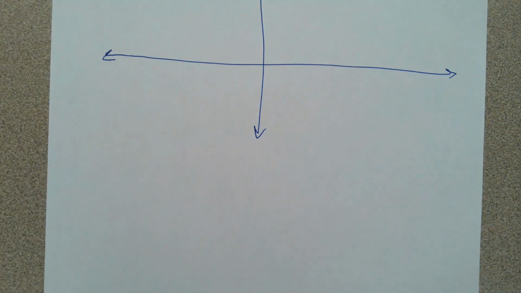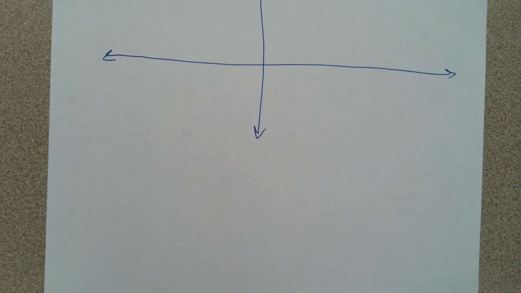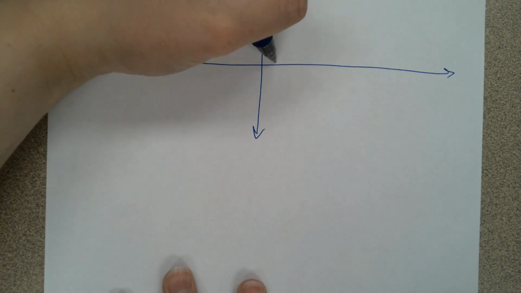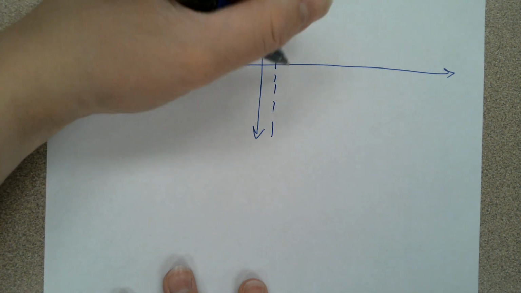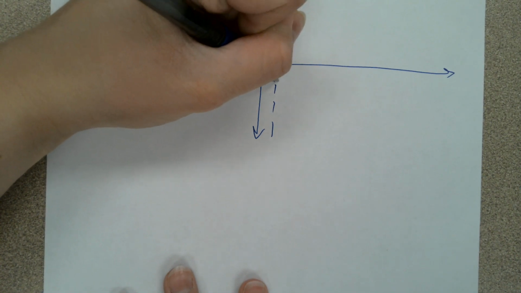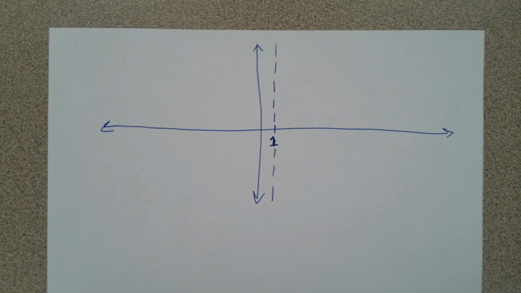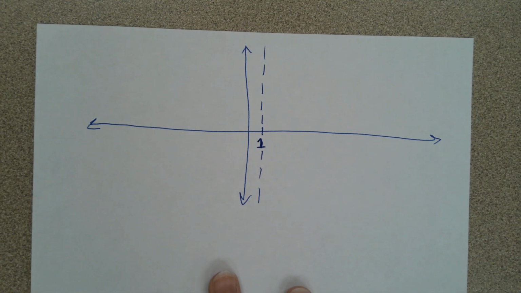First thing I do is the asymptotes. So we have an asymptote at 1. And then we have an asymptote at negative 5.